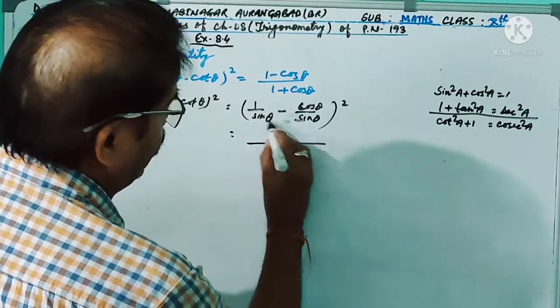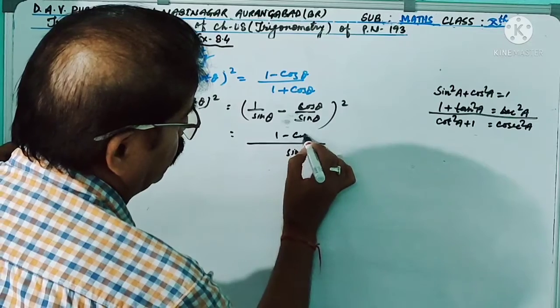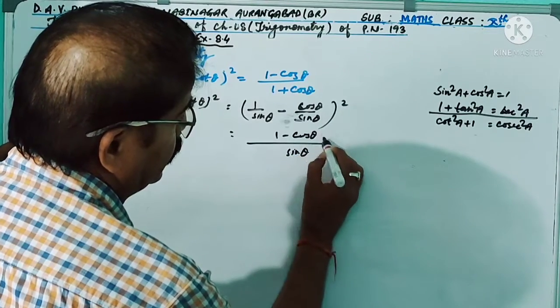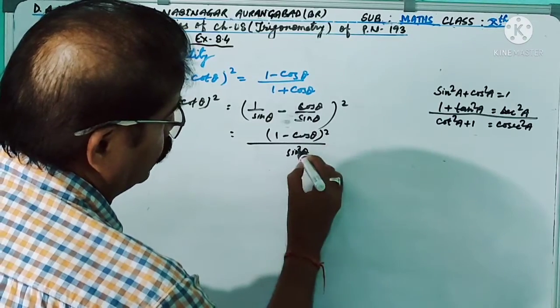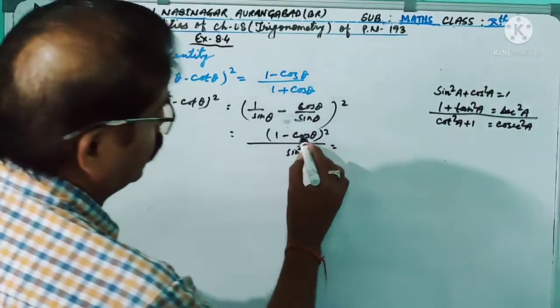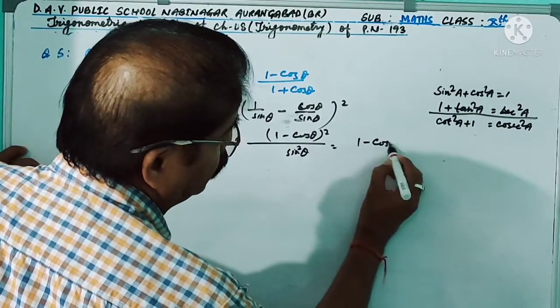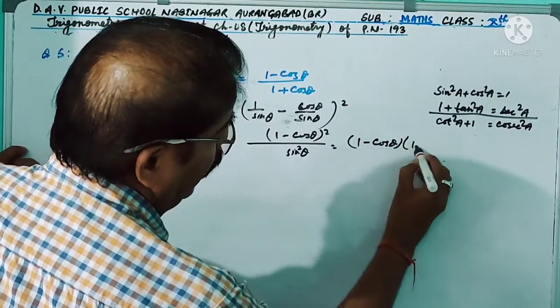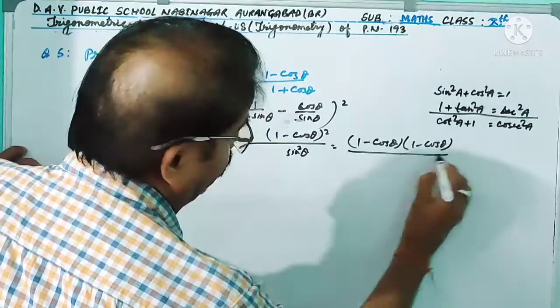Taking the LCM sin theta, we get (1 minus cos theta) square by sin square theta.